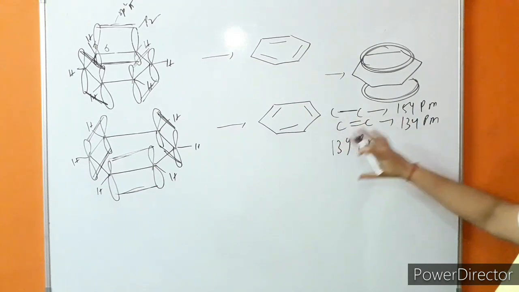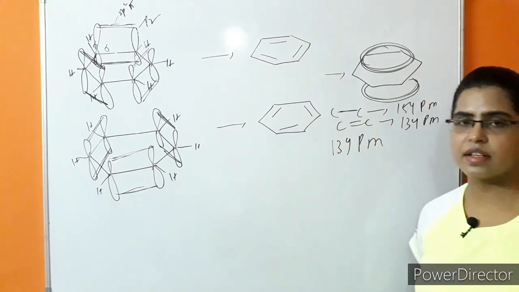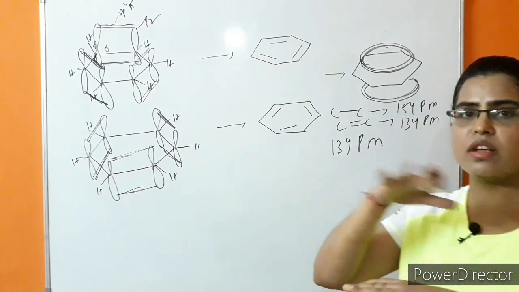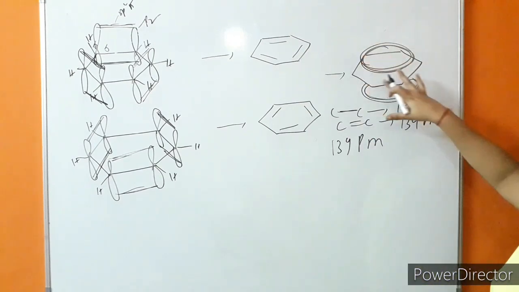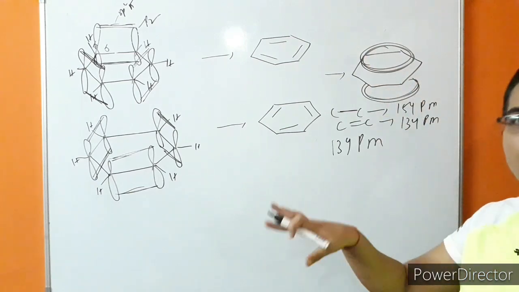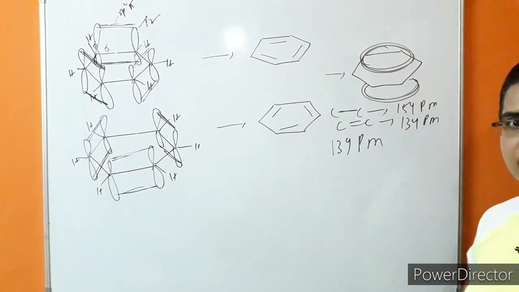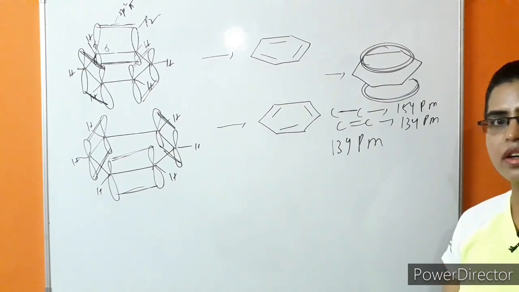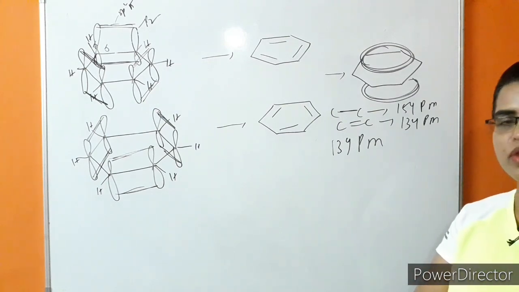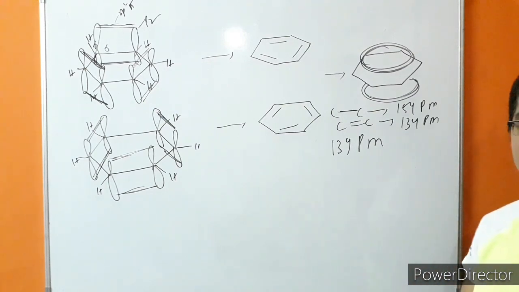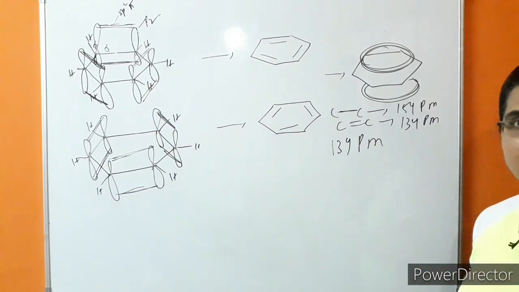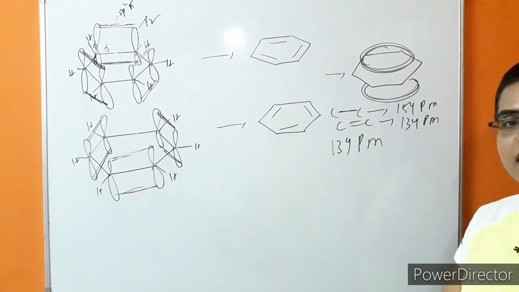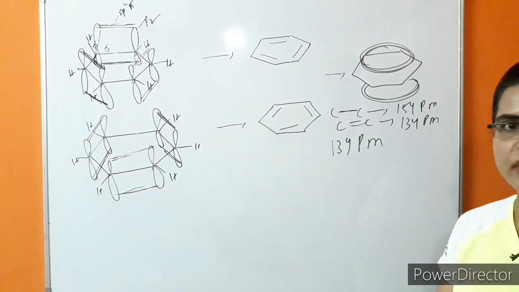It means there is a partial double bond character on each and every carbon-carbon bond bonded by the sigma bond. This pi electron cloud is covering all the carbons. Because of that, there is partial double bond character on every sigma bond found between carbon and carbon. Because of that, there is no pure single bond, that is sigma bond, and neither is there a pure pi bond present.